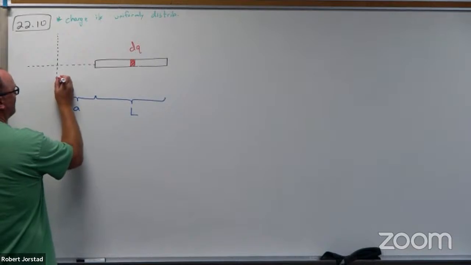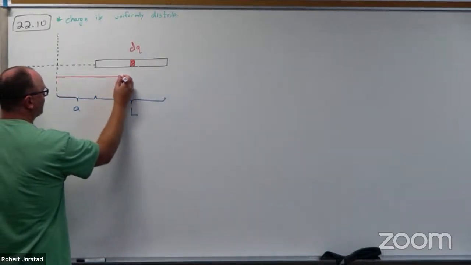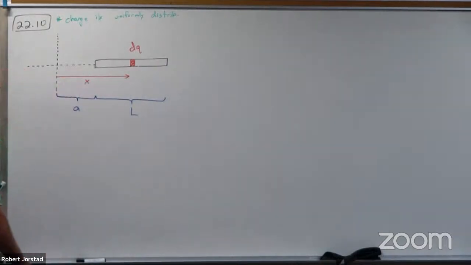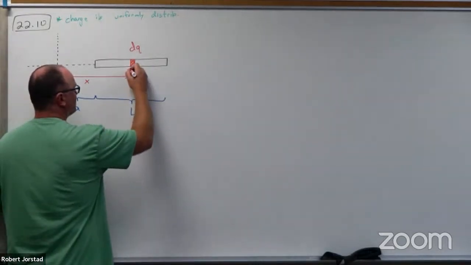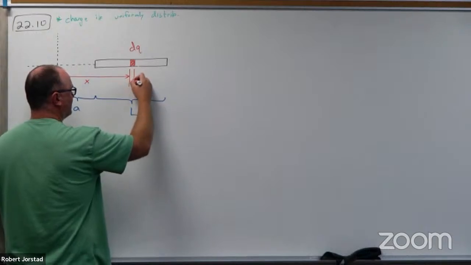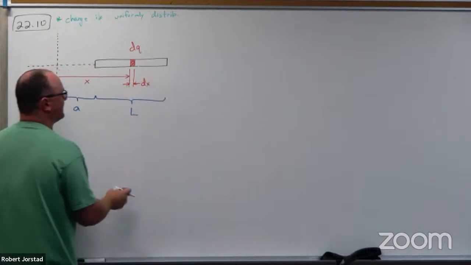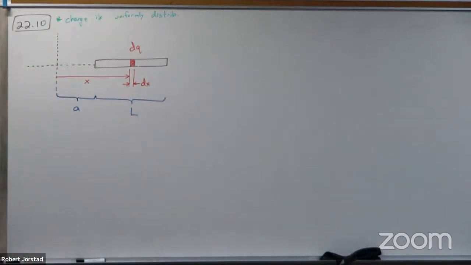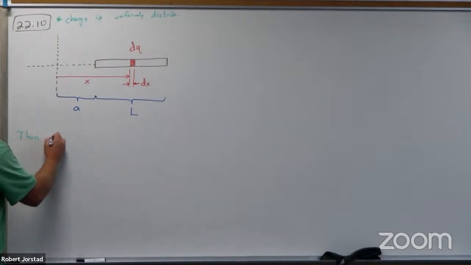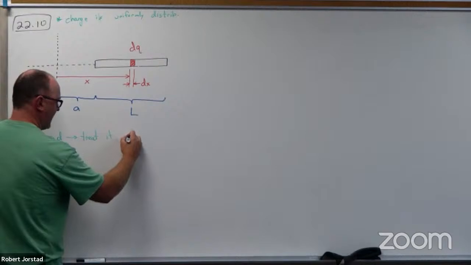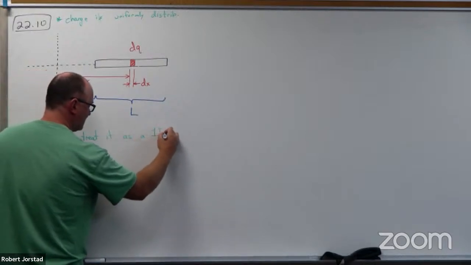We need to define where this charge is located. I'm going to call this X, the distance to my particular point charge. That's going to be important. There's also some size of it, which if I draw it this way, I hope this makes sense. dx is the width of that little chunk, okay? And because this is a thin rod, we're going to treat it as a 1D object.